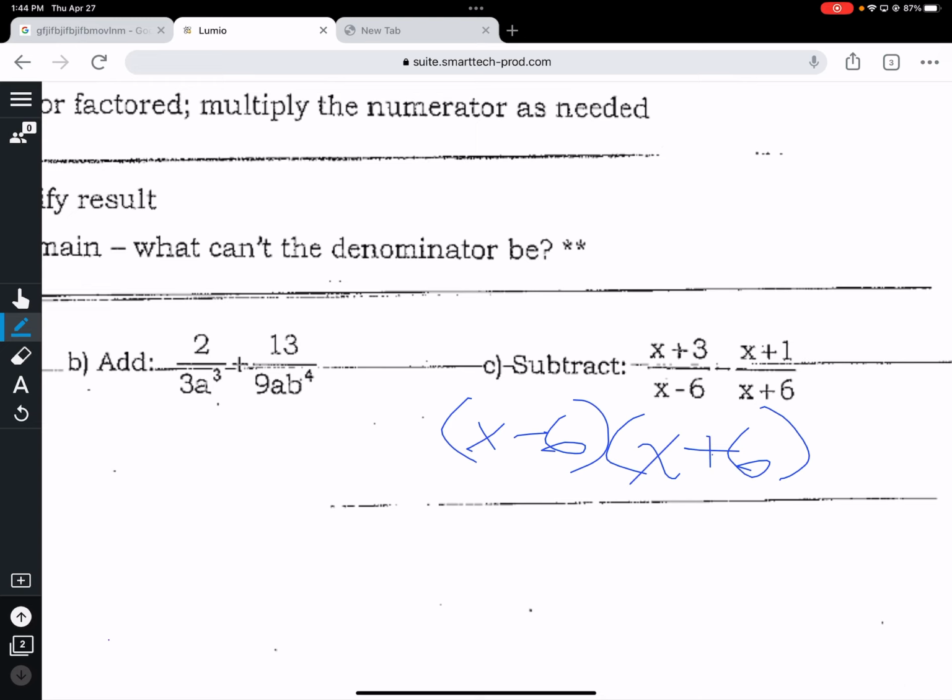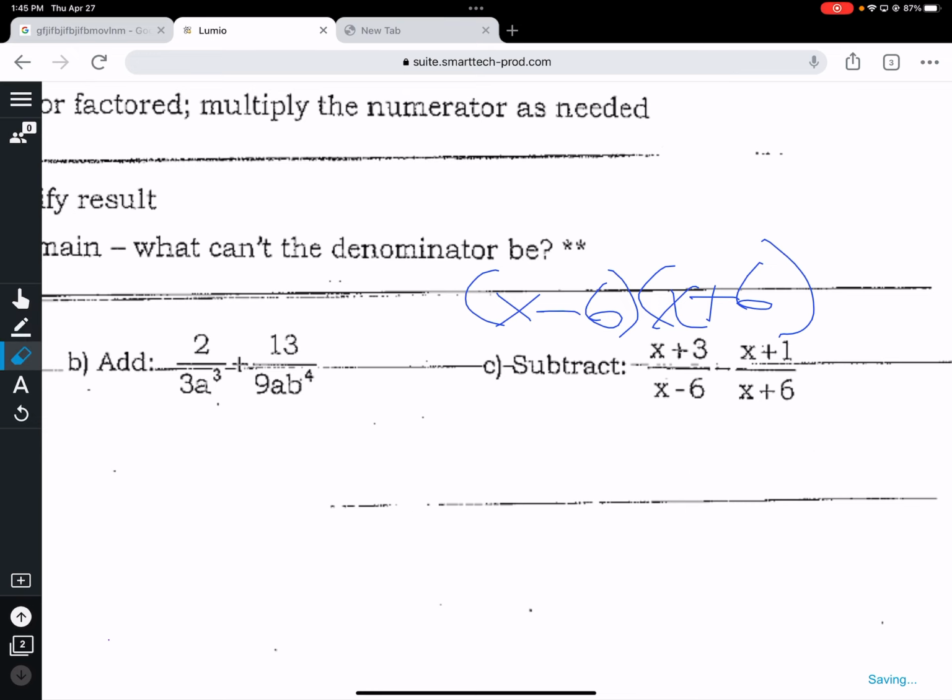So that means we've got to look at the denominators to figure out what we did to them. I'm going to write this one up here, x minus 6, x plus 6. What will I do to x minus 6 to create that denominator?